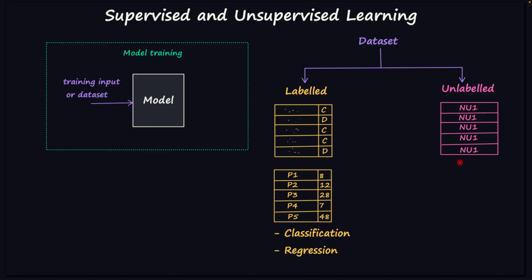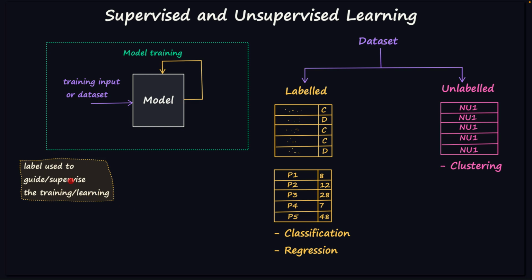Okay, this type of data set will be useful for tasks like clustering, right? For clustering, there is no concept of labels or expected outcome. The model training will somehow figure out the similarities between these records and the similar records will be grouped together into a cluster. So that is unlabeled data set.